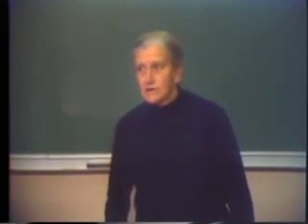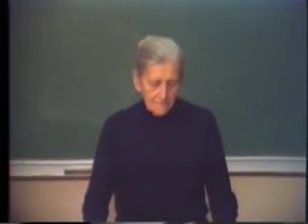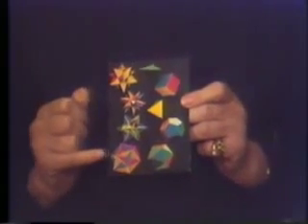Now I don't have the other 4 regular ones to show you, but I have a picture of them, and you would need to construct them for the children. I don't know if you can see. Can you see this postcard?